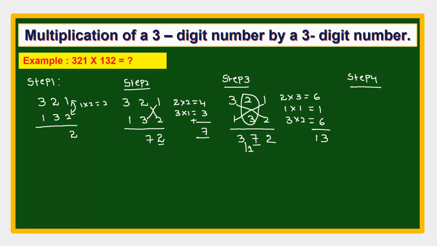Right. Step 4. 321, 132. Already we performed 3 steps and we got 372 and carry forward 1 down. Now we have to multiply 3 by 3 and 1 by 2.